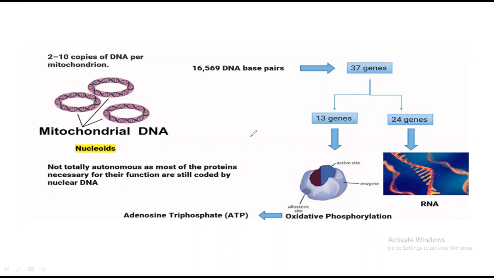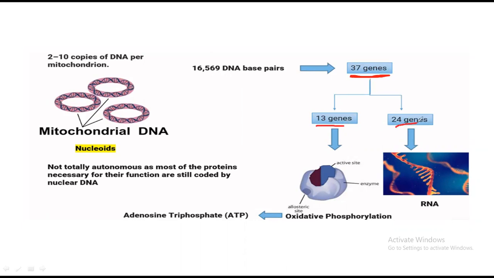Totally, the mitochondrial DNA consists of 16,569 DNA bases, and these nucleotide bases make up 37 genes. Just keep this in mind. These genes are also classified into two categories.